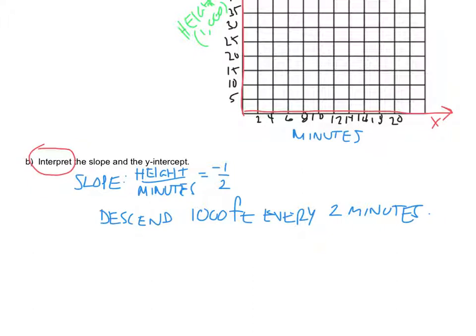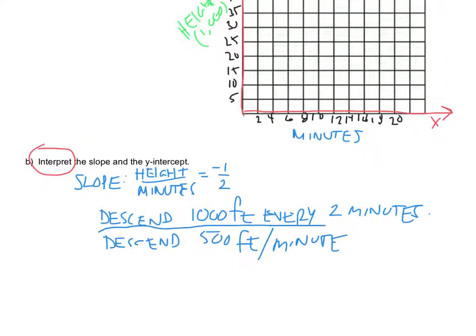Couldn't I say that we descend 500 feet per minute? The over 2 minutes is fine, but this is actually a better one. That tells us how fast we're descending or going down. So the slope is telling us that we're descending 500 feet a minute.